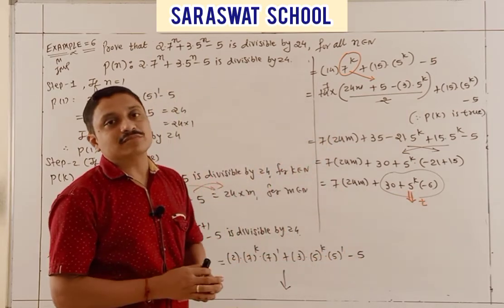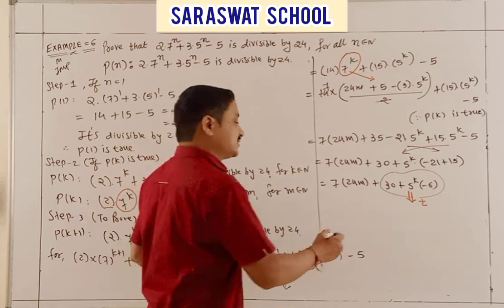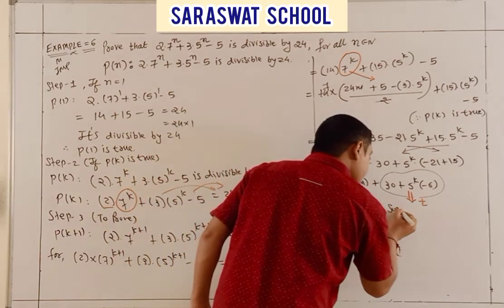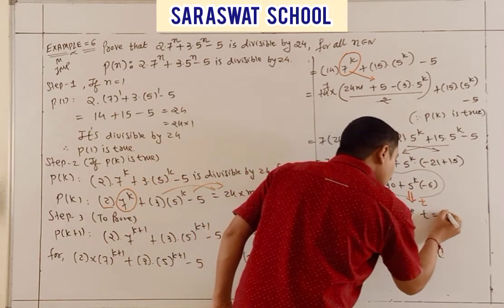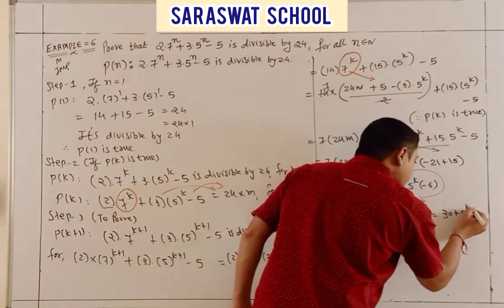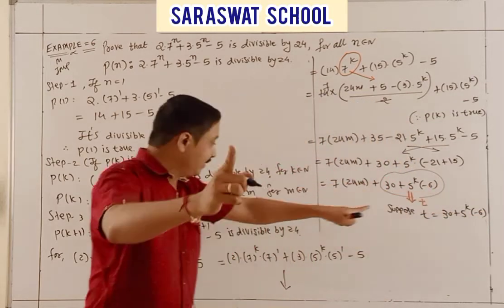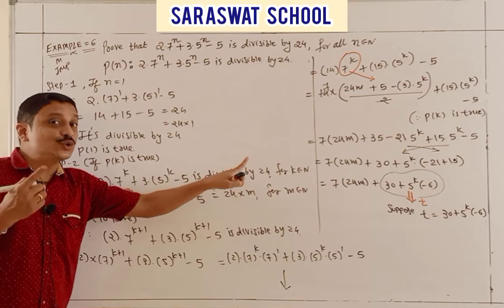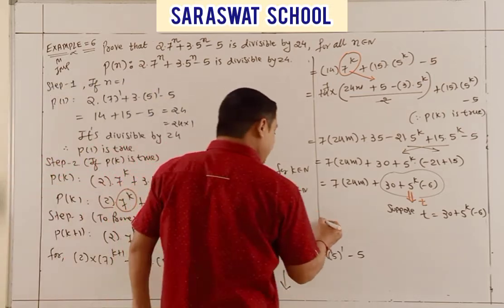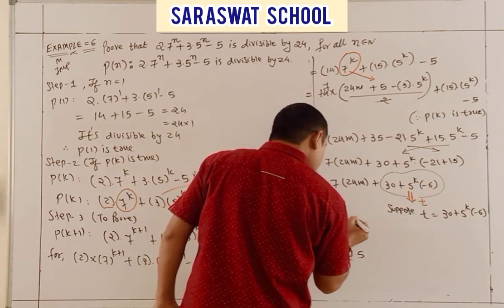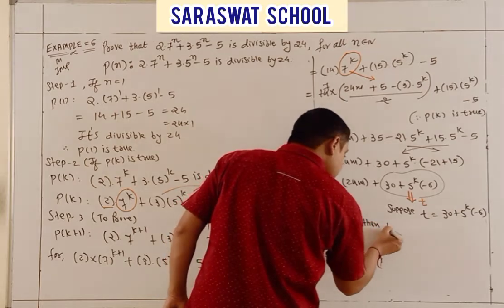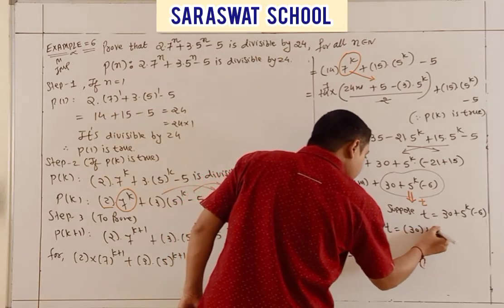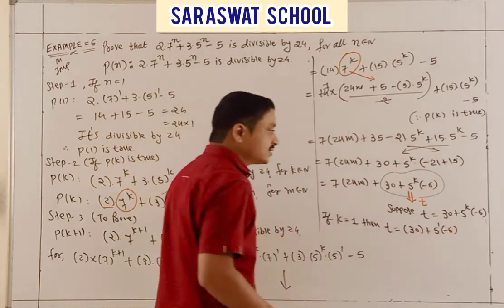Suppose T is equal to 30 plus 5 raised to k minus 6. And what is the k? Every natural number. So if k is 1, then what is T? 30 plus 5 raised to 1 minus 6.